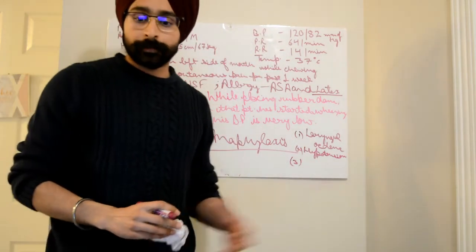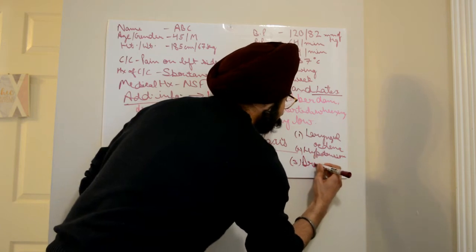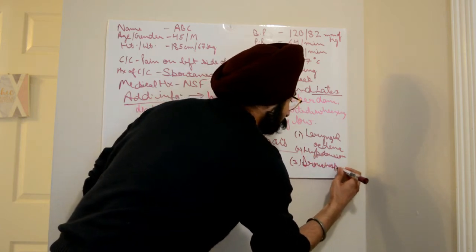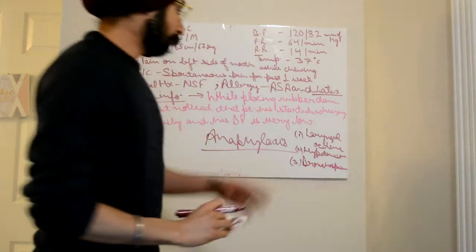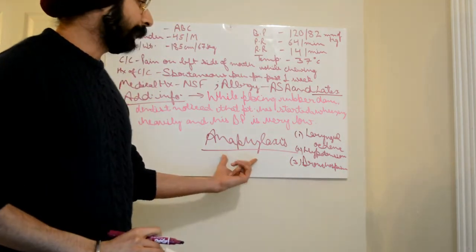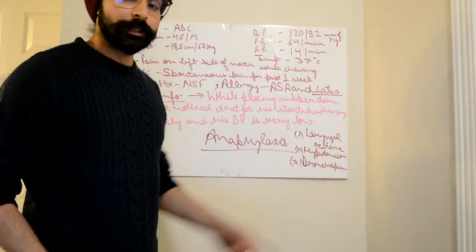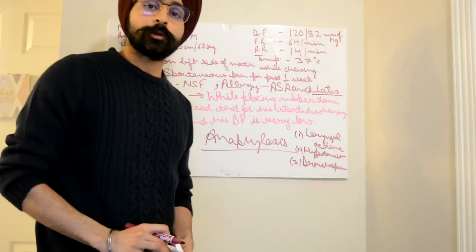And third one is bronchospasm. These are the major signs and symptoms of anaphylaxis. The first one is laryngeal edema. Second is hypotension. Third is bronchospasm.